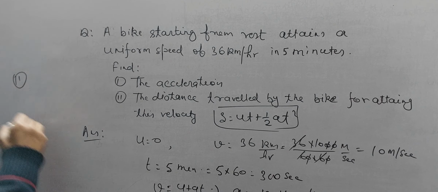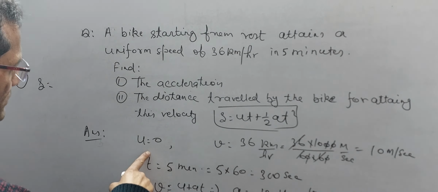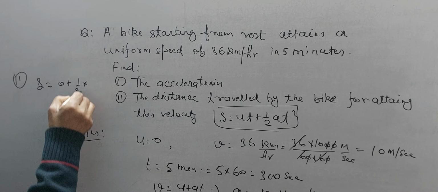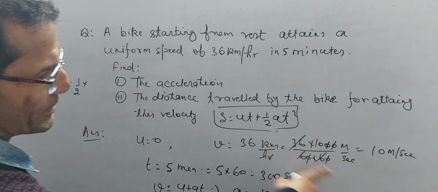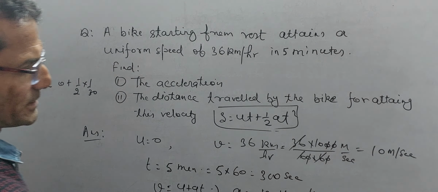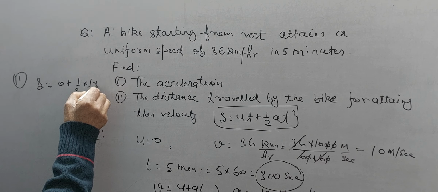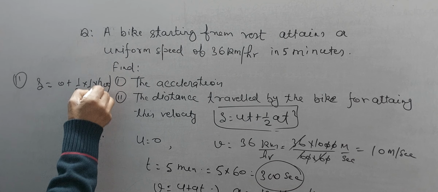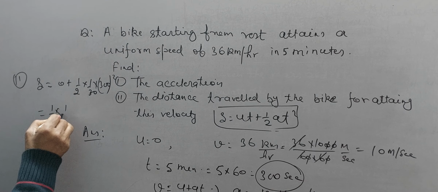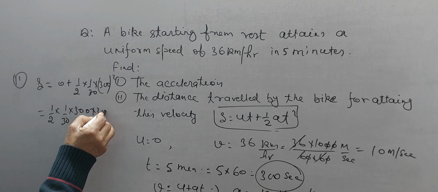Now the second part: initial velocity u equal to 0, plus half, acceleration is equal to 1 by 30, and time taken is 300 seconds, so the square of 300. Now by simplifying it, 1 upon 2, 30, 300 multiply 300.